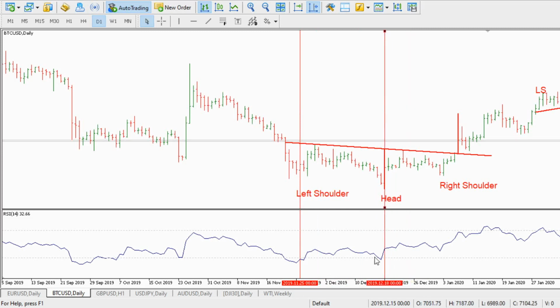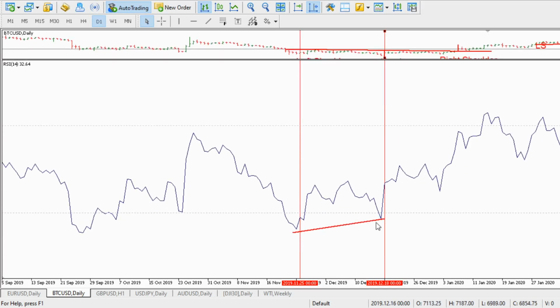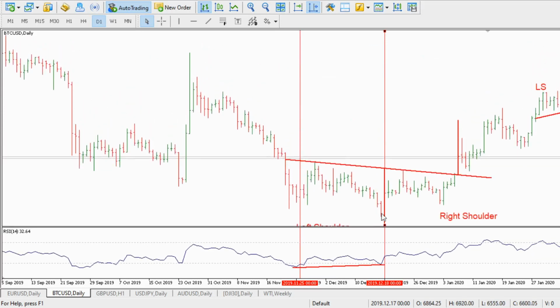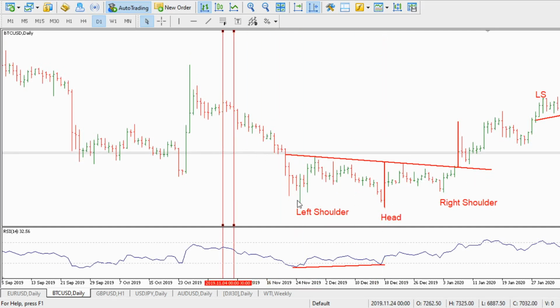See, between these two points, we have a little bit higher lows in the RSI indicator, and on the prices we've got a lower dip, which means that the prices continue to go down. I'm going to remove this just to be clear.